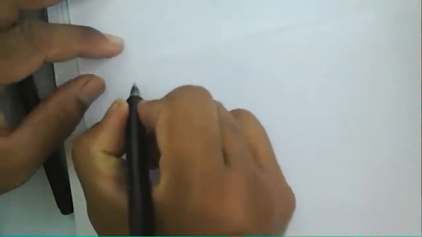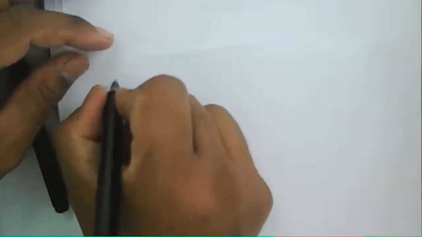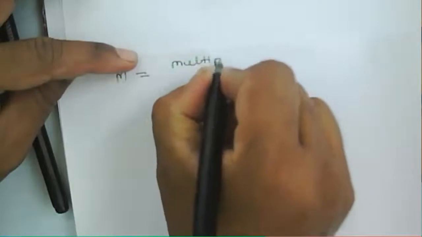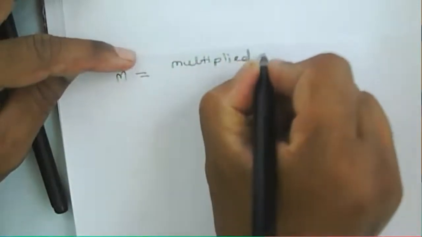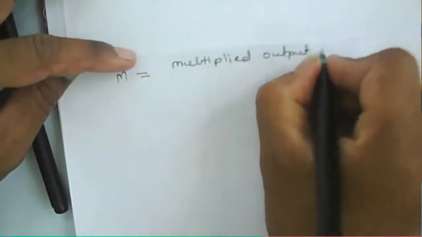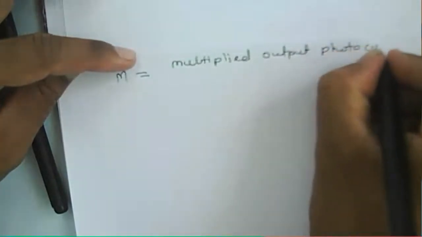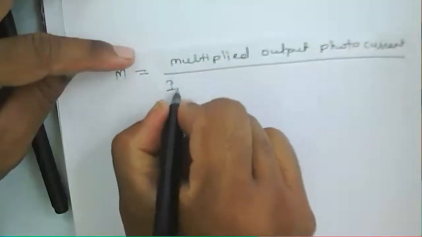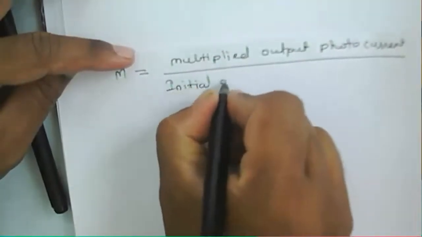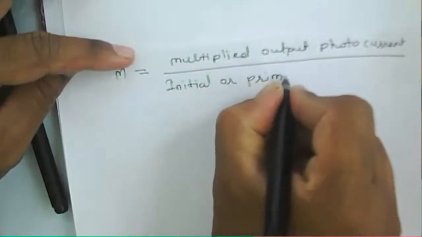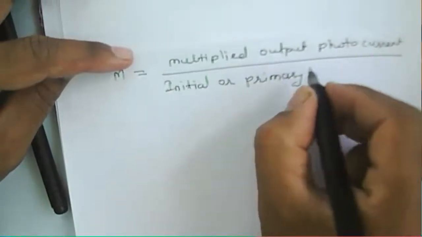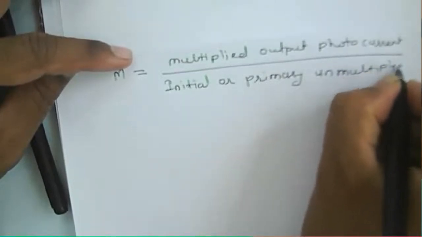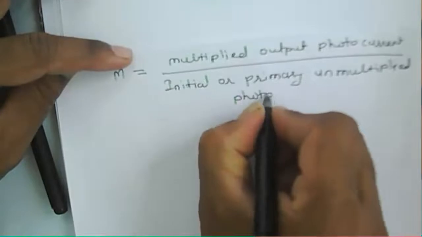So we can calculate the avalanche multiplication factor, that is M, is equal to the multiplied output photocurrent divided by the initial or primary unmultiplied photocurrent.